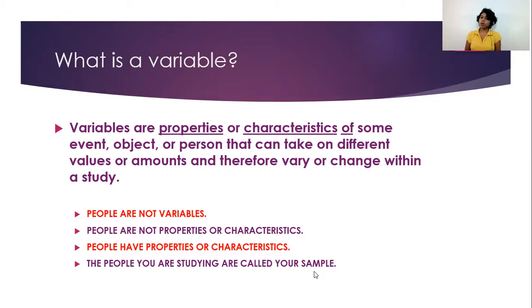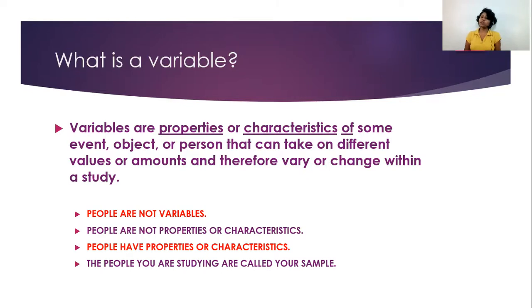So if you are studying a group of 6-year-old children, then the 6-year-old children are your sample. If you are studying a group of primary school students, then the primary school students are your sample.